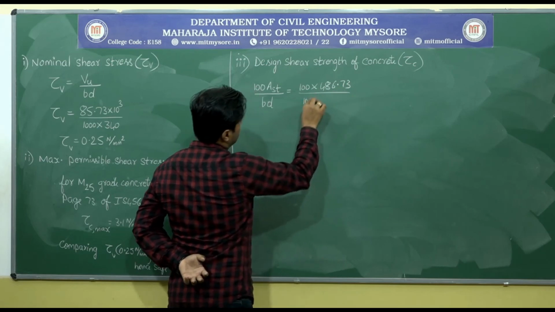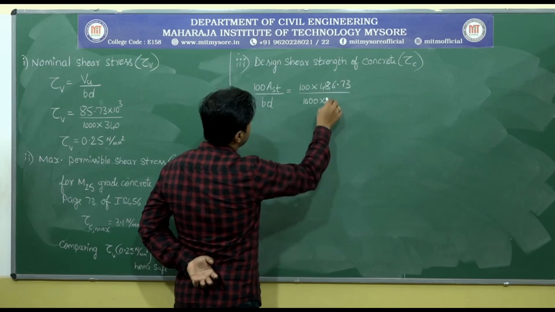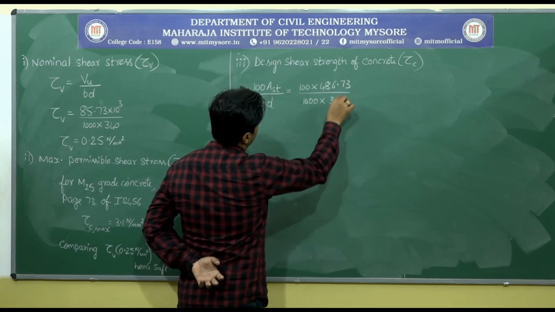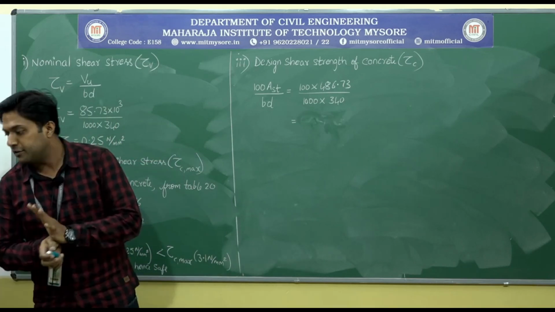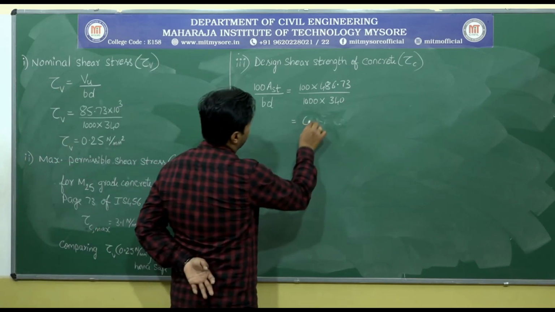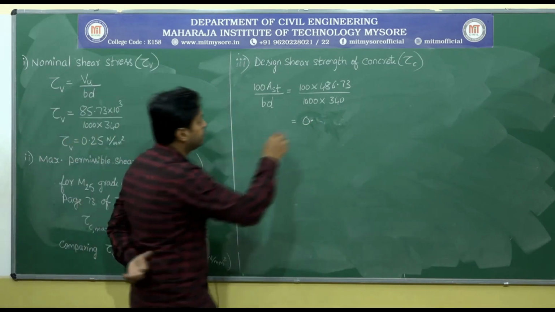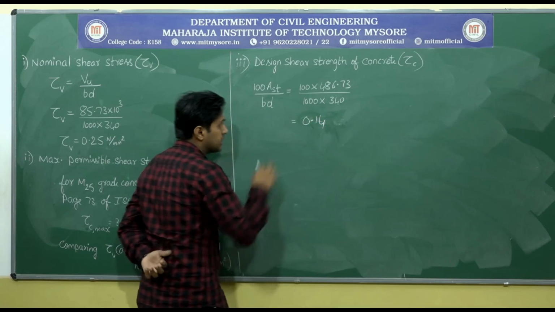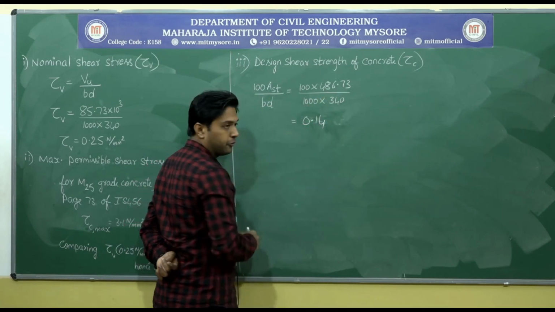divided by breadth, which is 1000, and effective depth, which is 340. The value we are getting after solving this is 0.14.